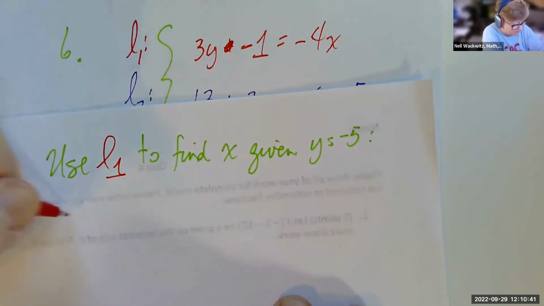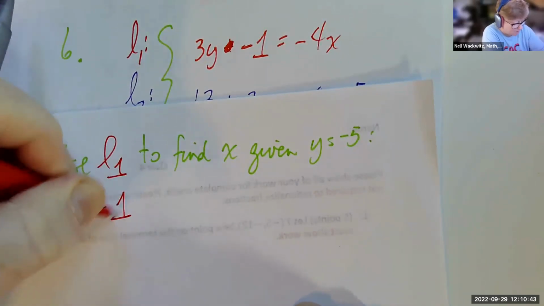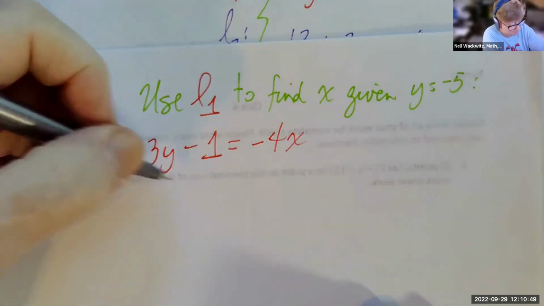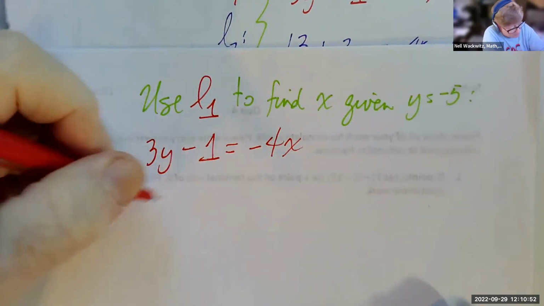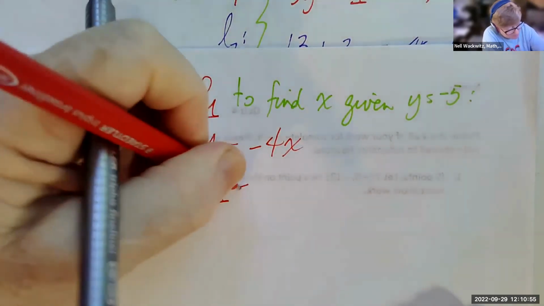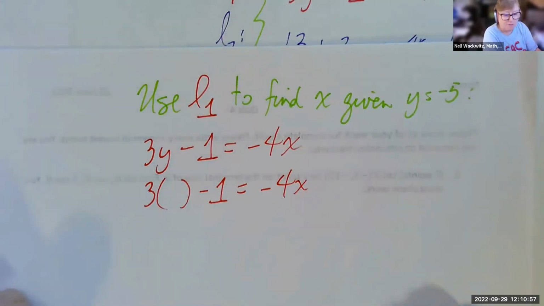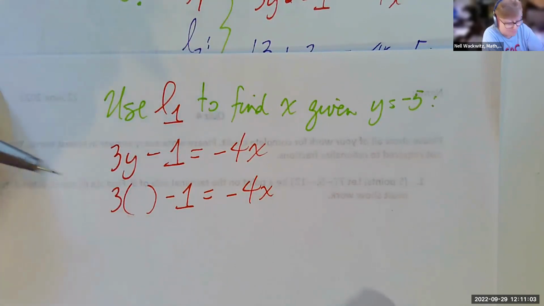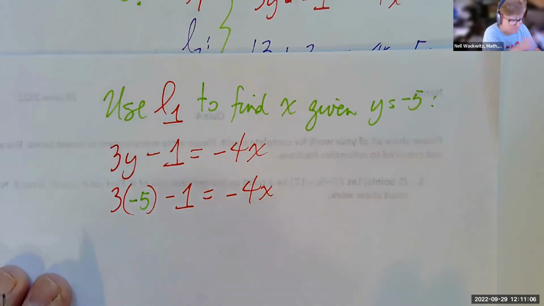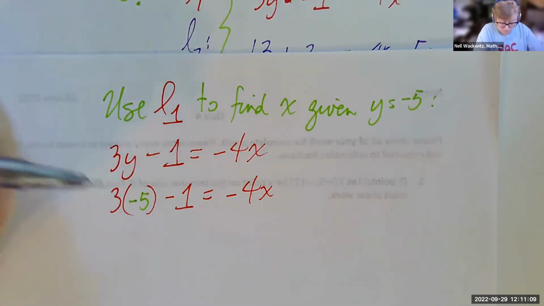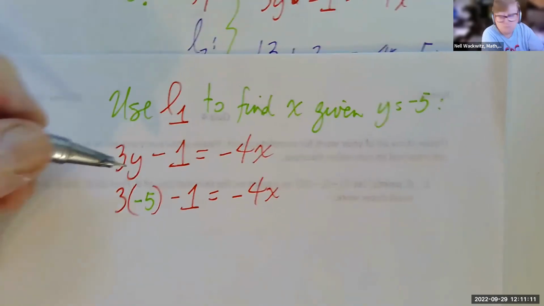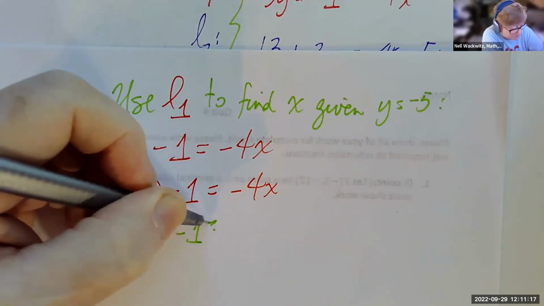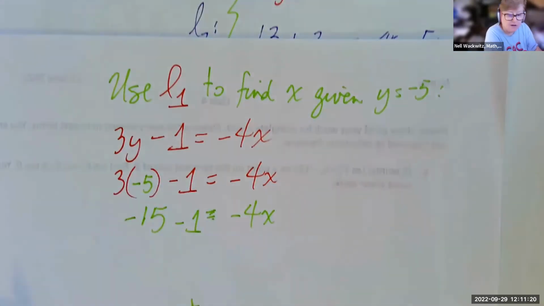So line 1 was 3y minus 1 equals negative 4x. And what am I going to fill in for y? Negative 5. Awesome. 3 times negative 5. And we still have negative 4x on the other side.